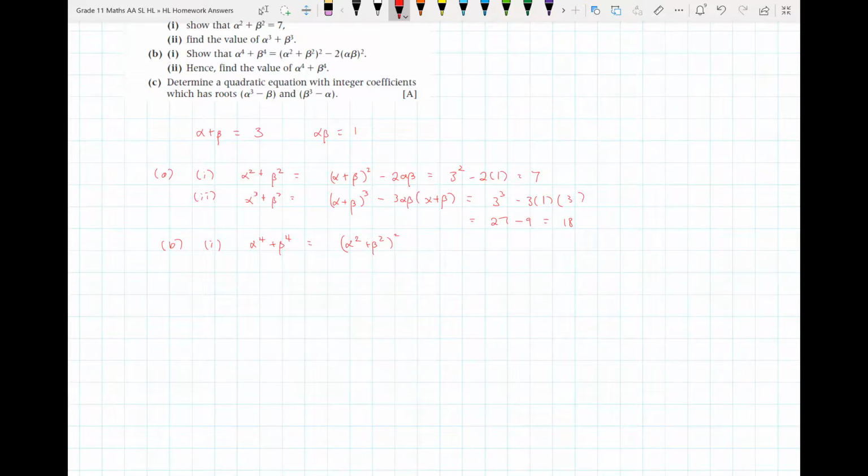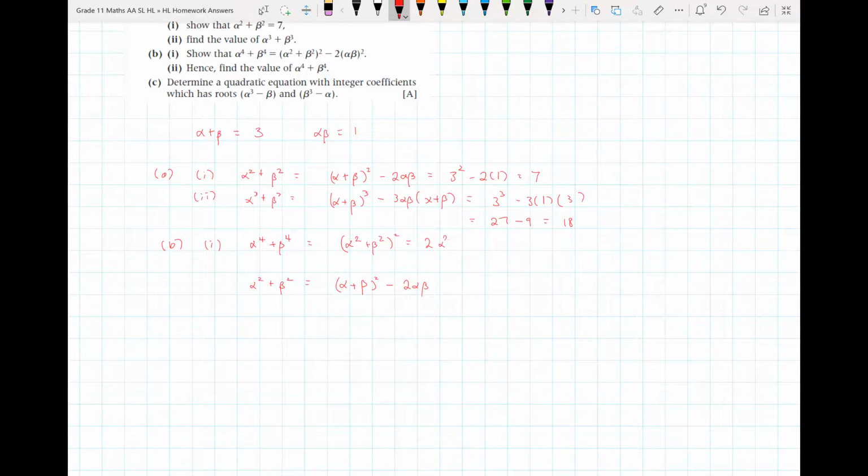So you're really pretending the alpha and beta are doubled. So you take alpha square. It's like comparing to this form here. Okay, the only difference is I'm going to replace all my alphas and betas with alpha square and beta square.